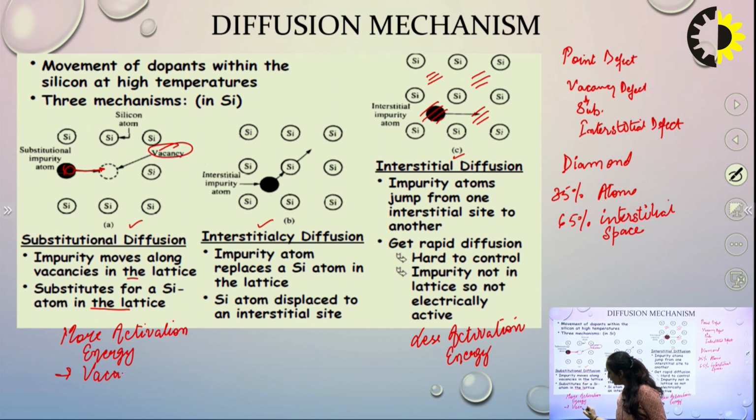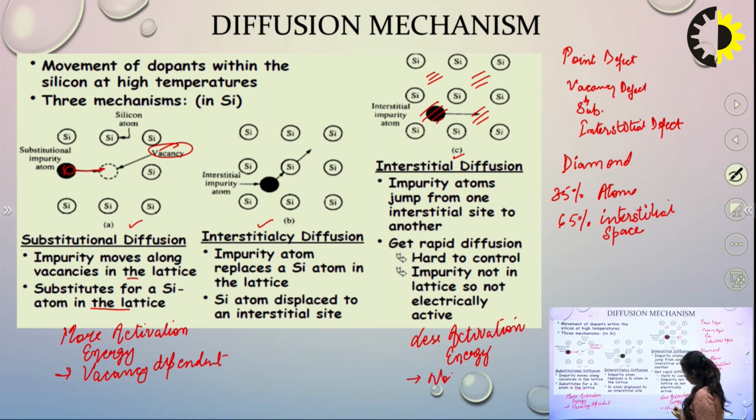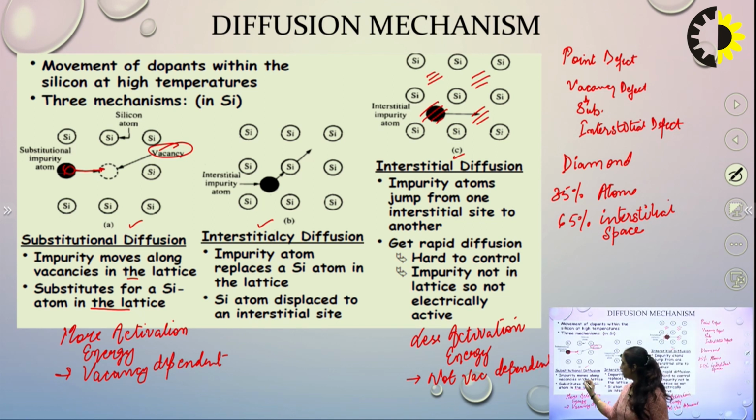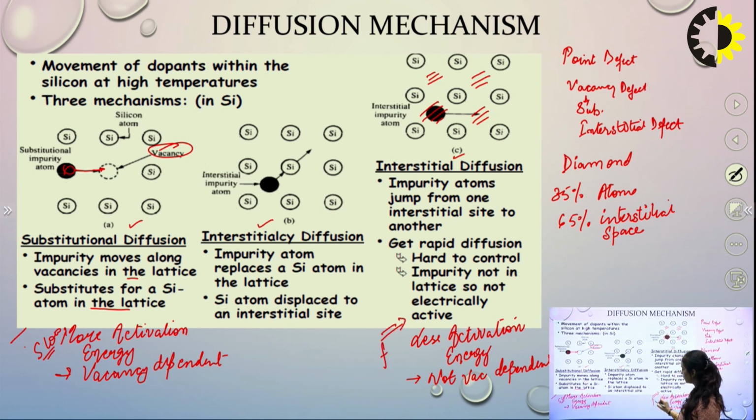It is vacancy dependent. It is not dependent on vacancy, right? So, because it is vacancy dependent, this will be a slow diffusion, right? This will be a slow process and this will be fast. This will be faster as compared to your substitutional diffusion.